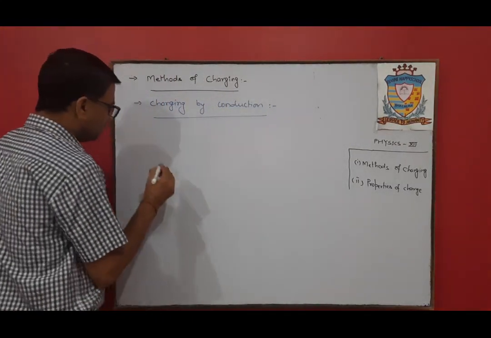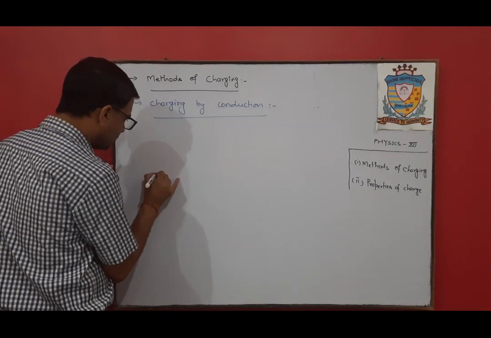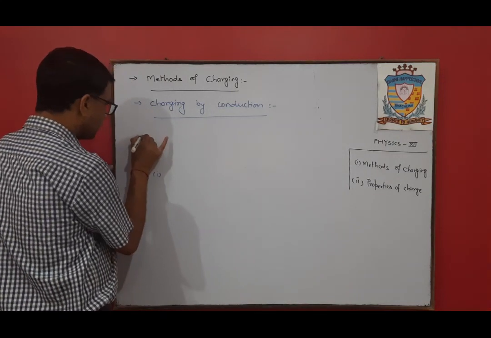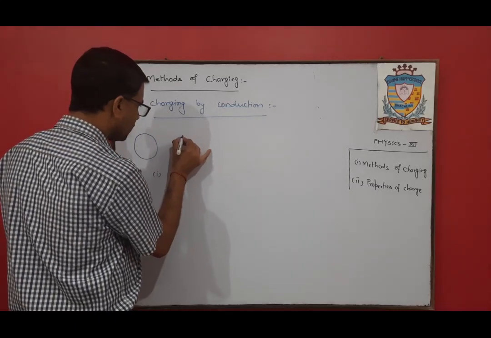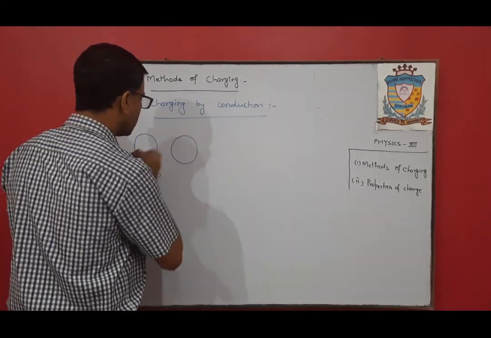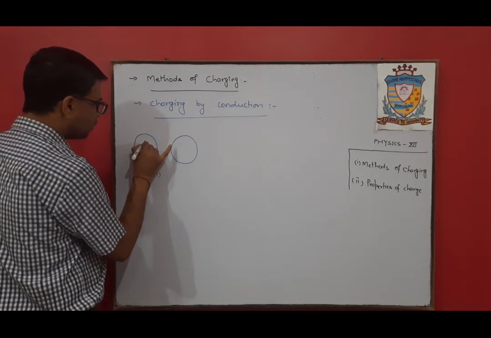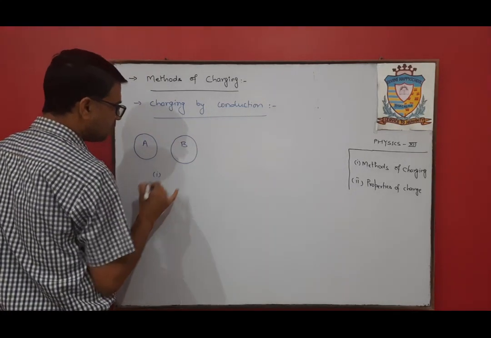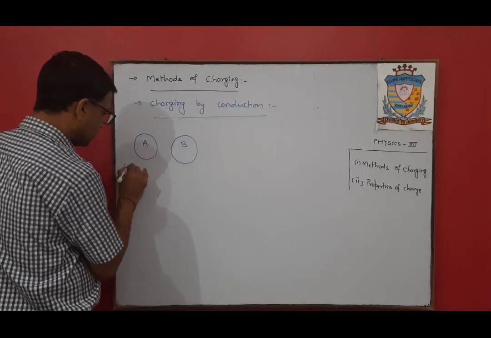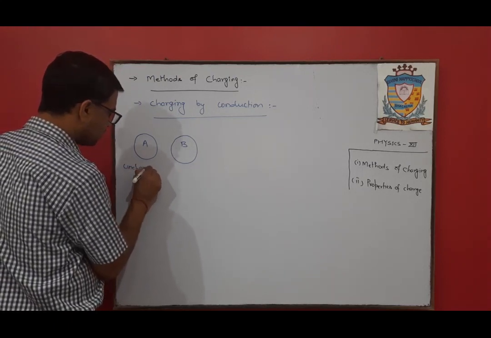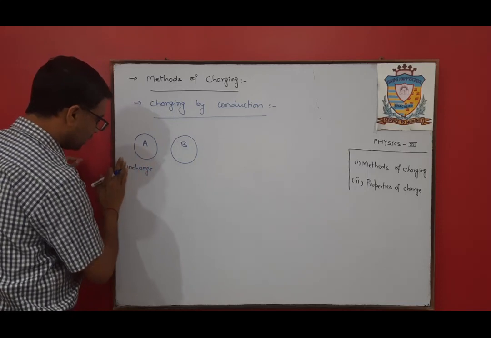Okay, so in conduction, initially suppose we have two metal spheres.